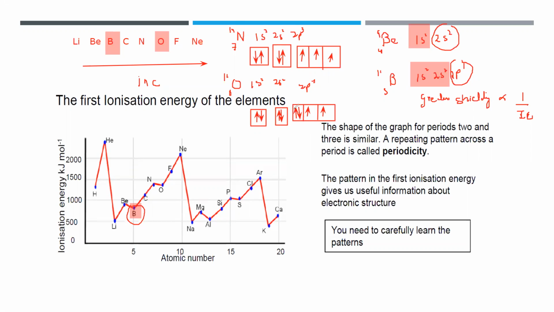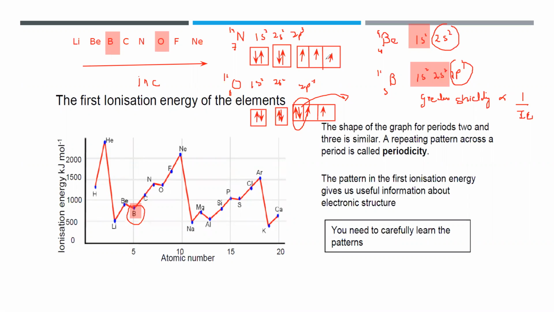Because there's a pair of electrons in the orbital, this pair will have more repulsion, so it is easier to remove this electron compared to nitrogen. That's the reason why oxygen's ionization energy is less than nitrogen's: the pair of electrons has greater repulsion, and a small amount of energy can remove this electron from the shell. Is it clear, the two different reasons?